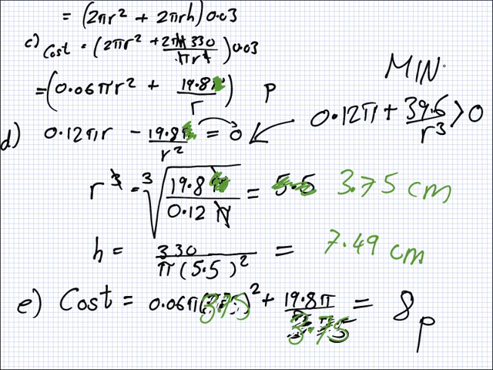Remember, second derivative? But if the pi cancels out, why is there still a pi? Oh, yeah, I shouldn't have this pi here. Thank you.